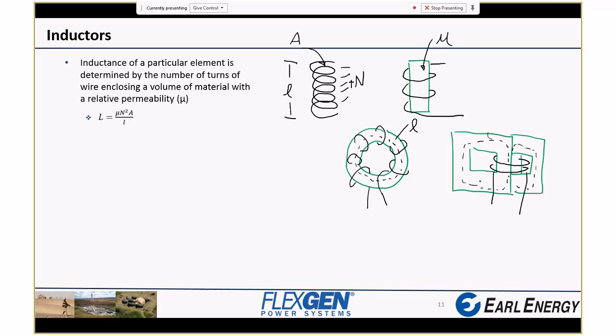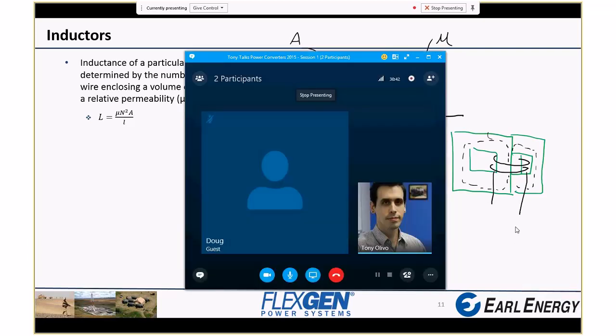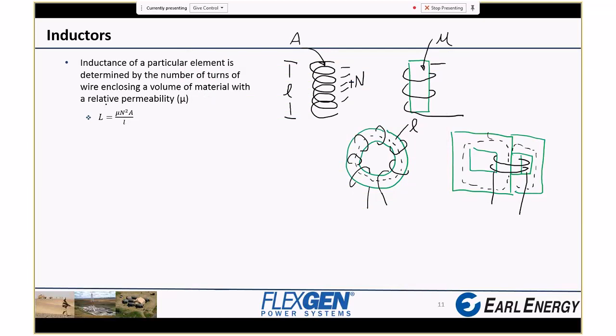They all affect the inductance in kind of the same way, just in different proportions, and it's more complicated to calculate an effective area and path length.